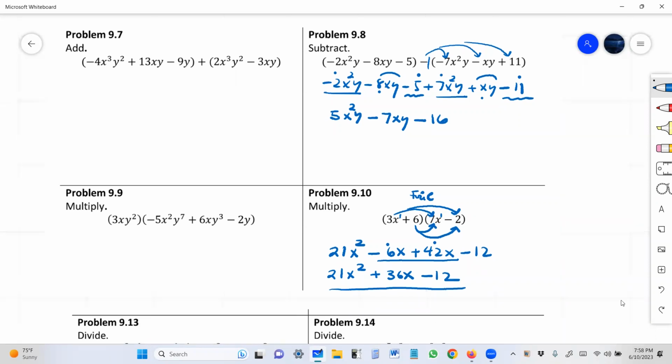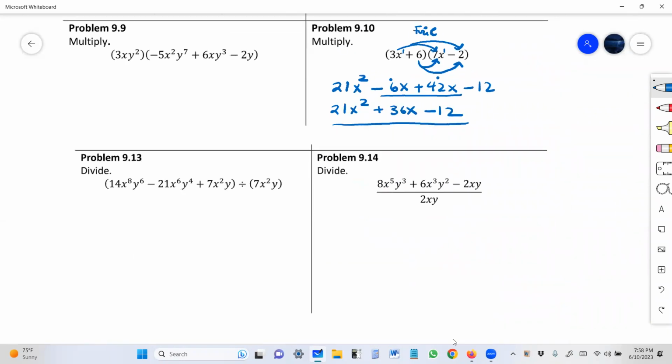Okay, when we have division, and I'm only going to do 9.14, just as before, we have 3 elements in the numerator. We'll break that into 3 separate divisions. So we'll have 8x to the 5th y cubed divided by 2xy, positive 6x cubed y squared divided by 2xy, and the minus 2xy divided by 2xy.